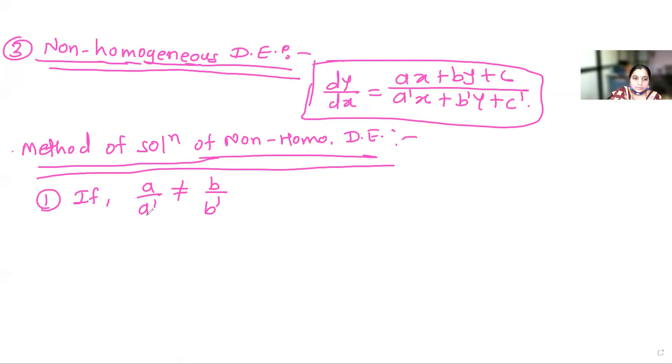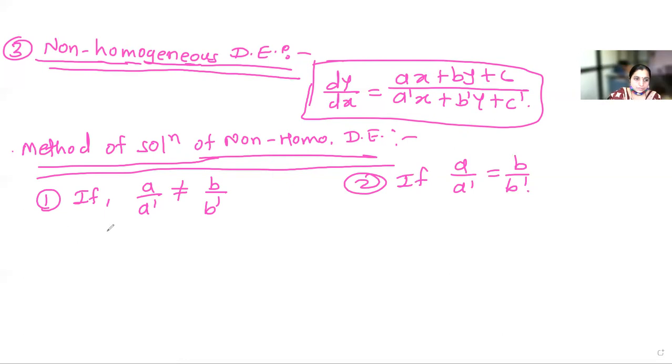Here a, b and a dash, b dash are nothing but the coefficients of x and y in both the linear equations. If the ratios are not equal, there is one method to solve this differential equation. The second case is if a upon a dash is equal to b upon b dash. One by one we will see the method of solution.